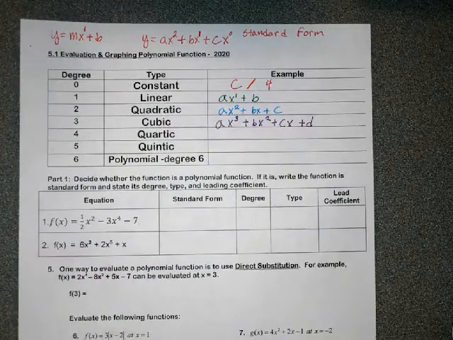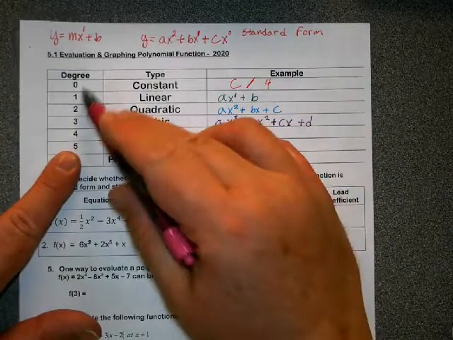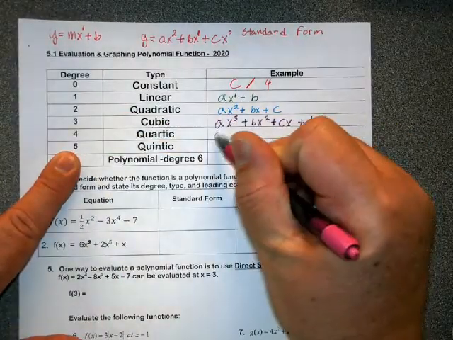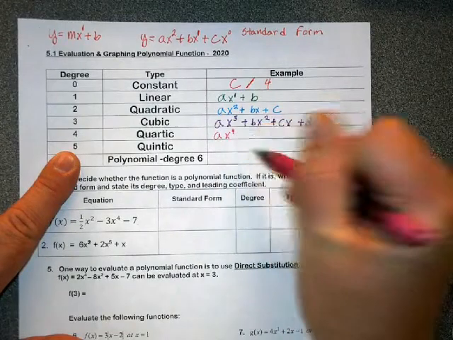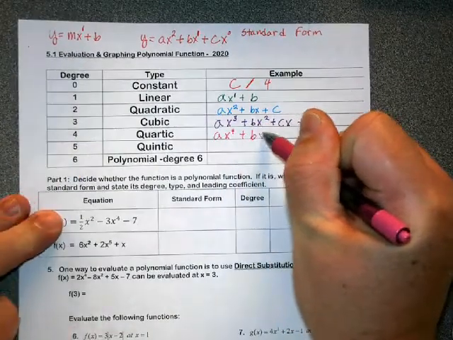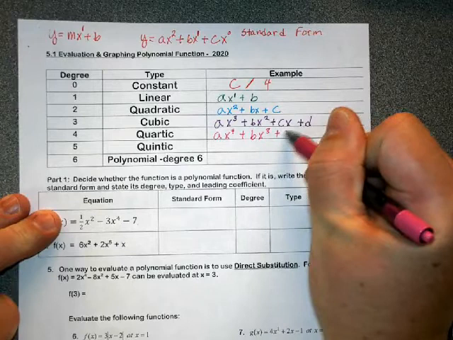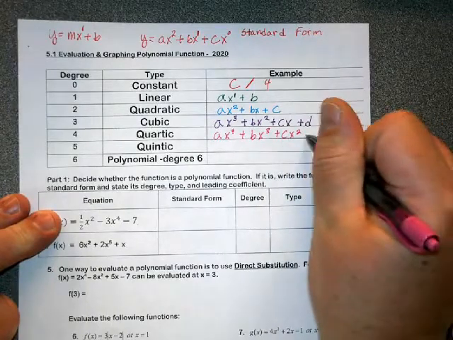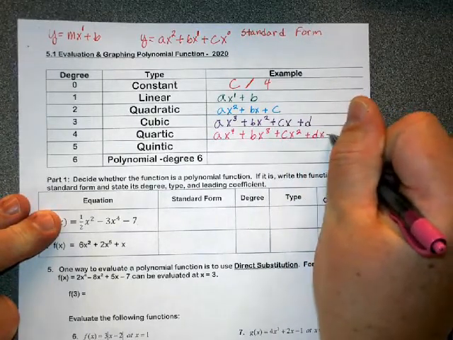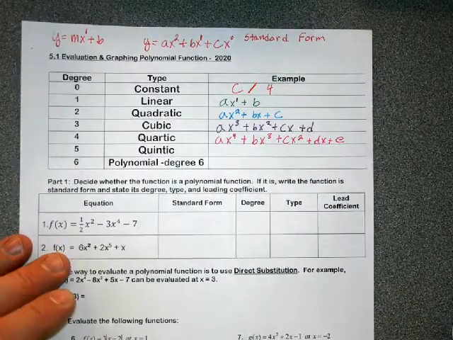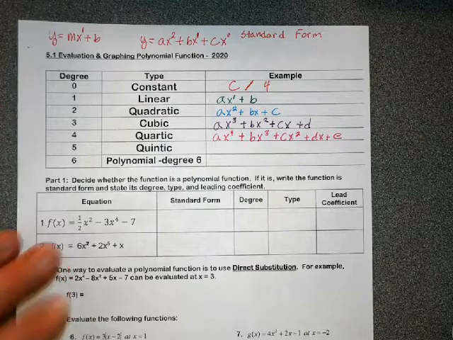Let's see, quartic is degree 4. So I have ax to the 4th plus bx cubed plus cx squared plus dx plus e. Then I have a quintic.